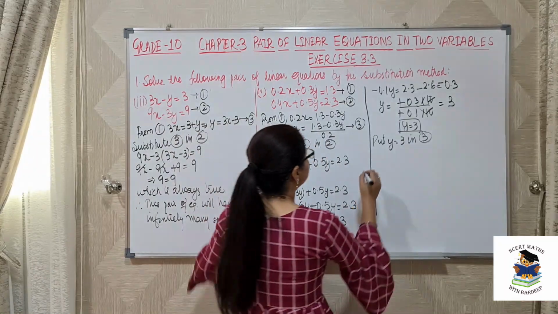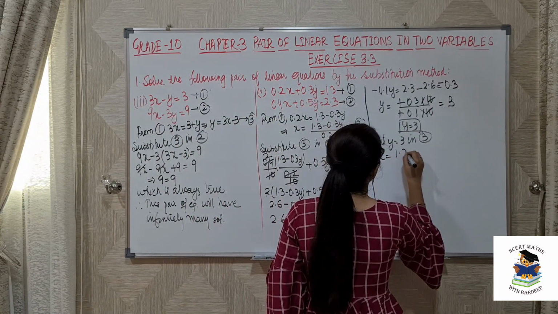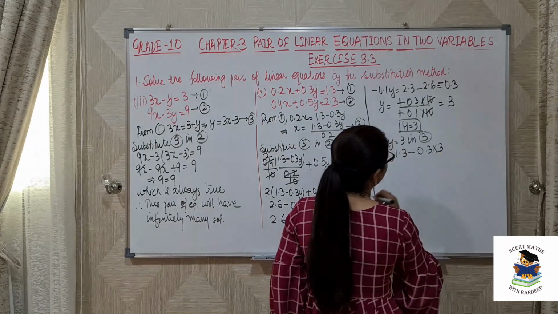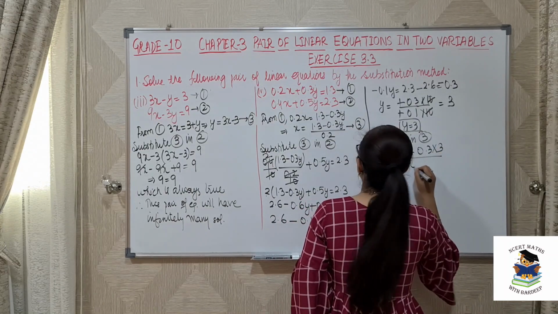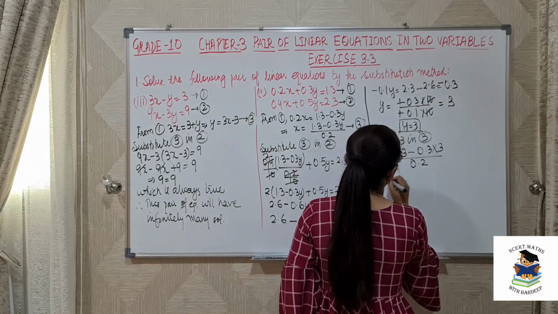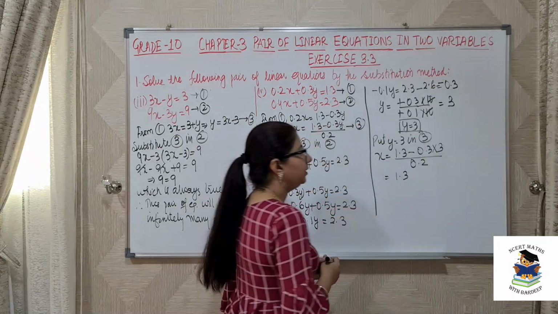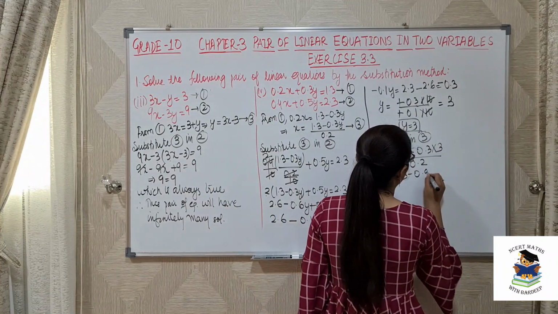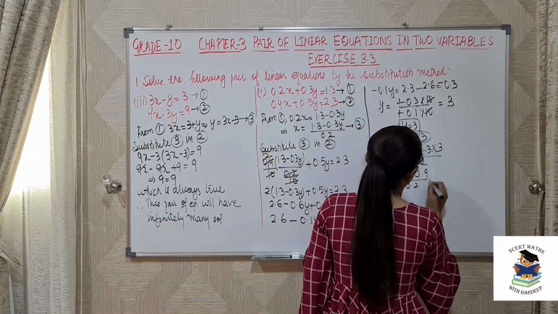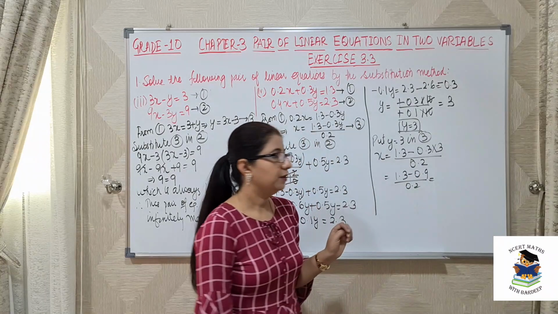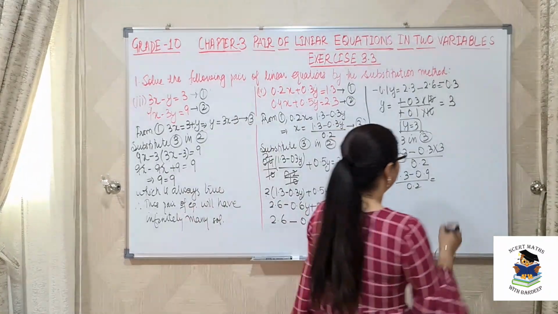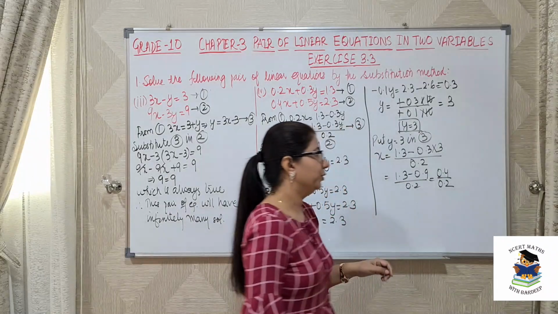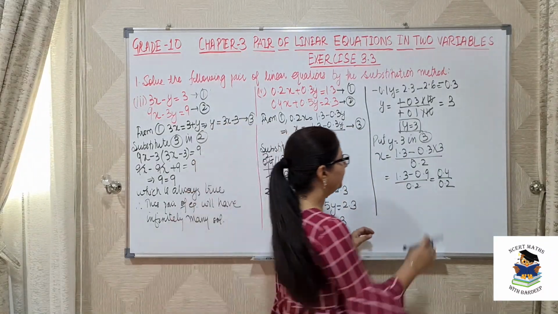Okay. So x is equal to (1.3 minus 0.3 times y) over 0.2, and y is 3. So 0.3 into 3 is 0.9. So this is (1.3 minus 0.9) over 0.2. So 1.3 minus 0.9 is 0.4 divided by 0.2. Again remove the decimal.